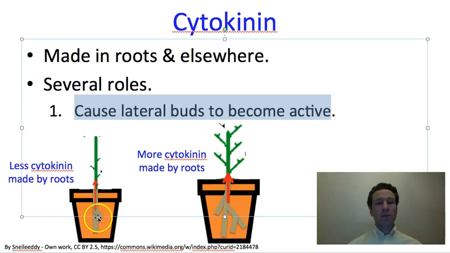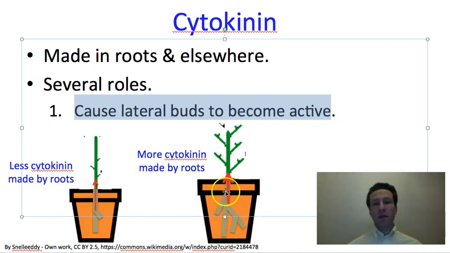So over here on this plant, it's in a small pot compared to this one, and it also doesn't have very many roots. This means it's not going to make very much cytokinin, and it will not send very much upwards into the stem. That means these lateral buds are likely to stay dormant or inactive.